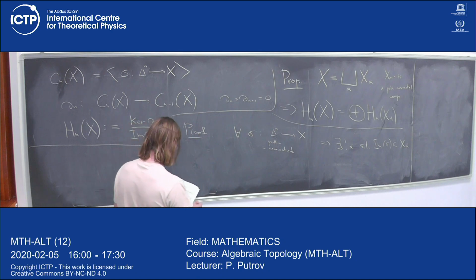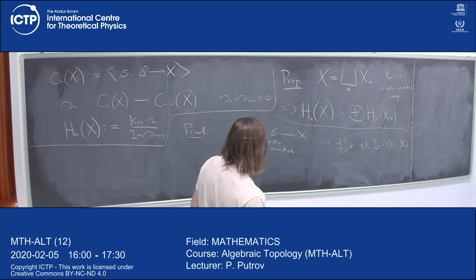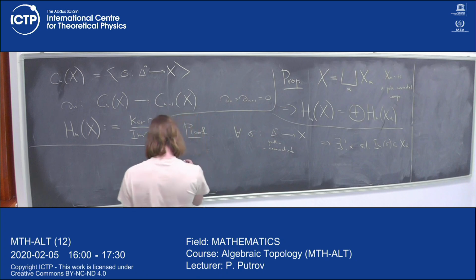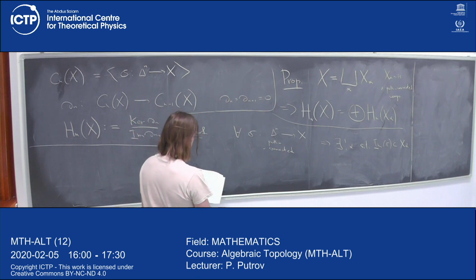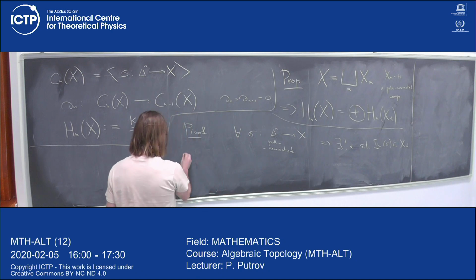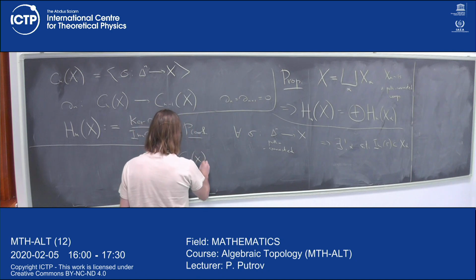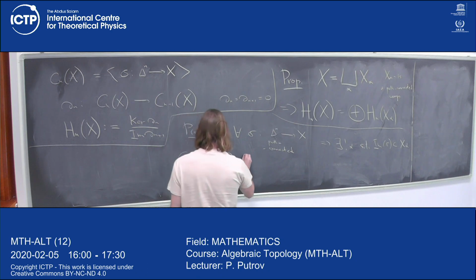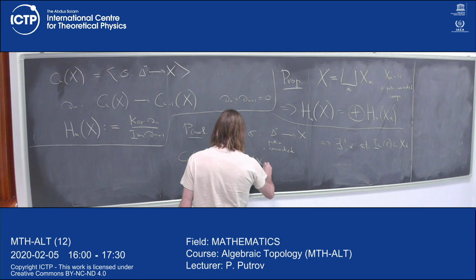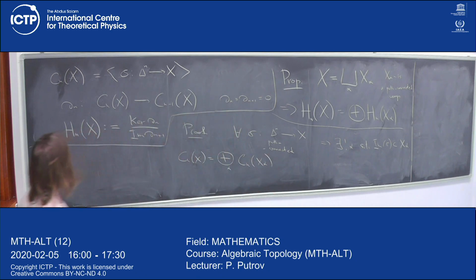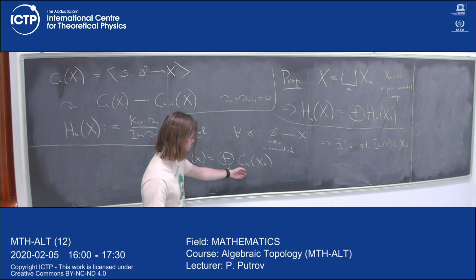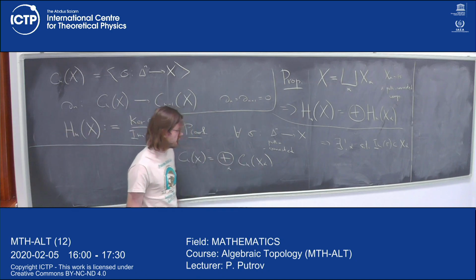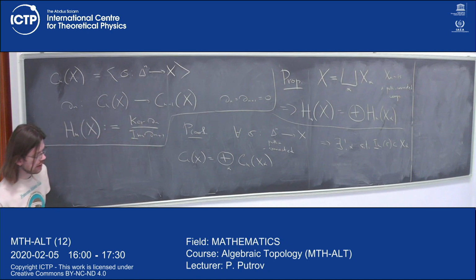Okay, and so for any sigma, its image is inside X alpha, so it follows that these groups split into a direct sum of the groups of singular chains for each path-connected component, right?